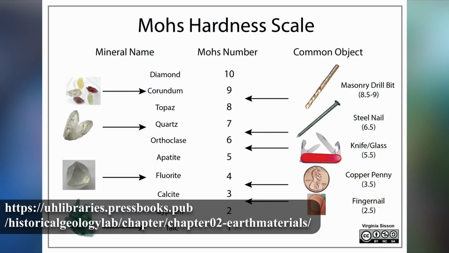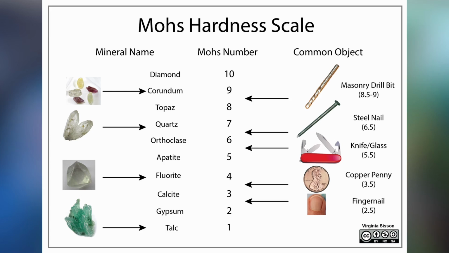So diamond scratches everything, so that's why it's the hardest at 10. Talc doesn't scratch anything, none of the other main ones anyway, and so it gets a value of 1, and the others in between. Mohs scale of hardness is only an ordinal scale, so it just says what scratches what. It puts them in an order, but it doesn't give any absolute value as to how hard they are.